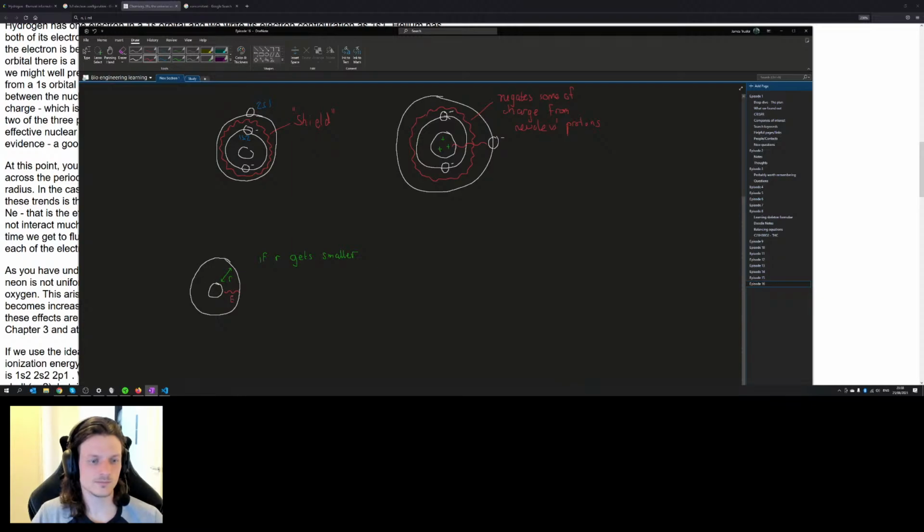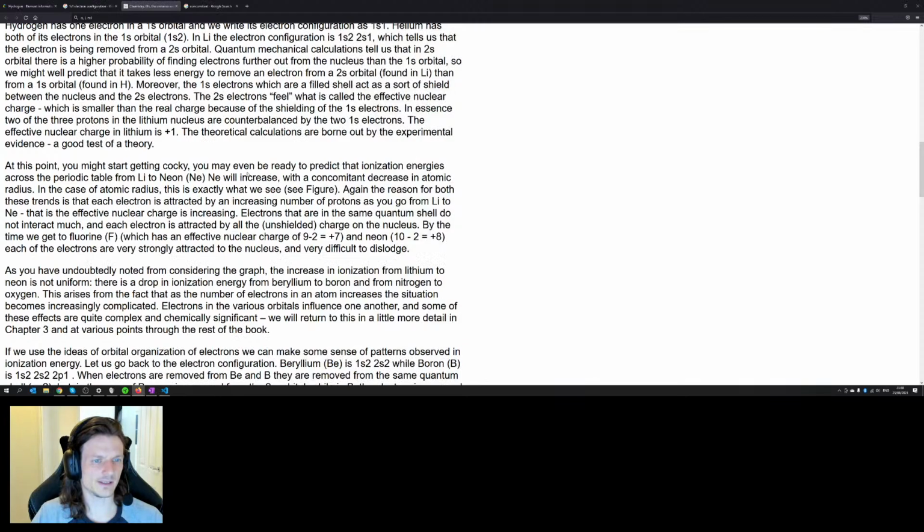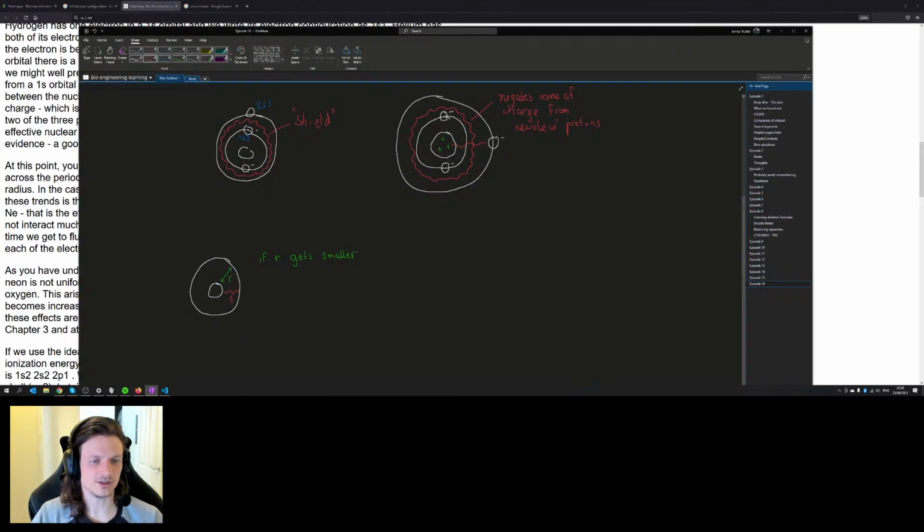It says you may be ready to predict that ionization energies across the periodic table from Li to neon will increase with a concomitant decrease in atomic radius. So if r gets smaller, E gets bigger.